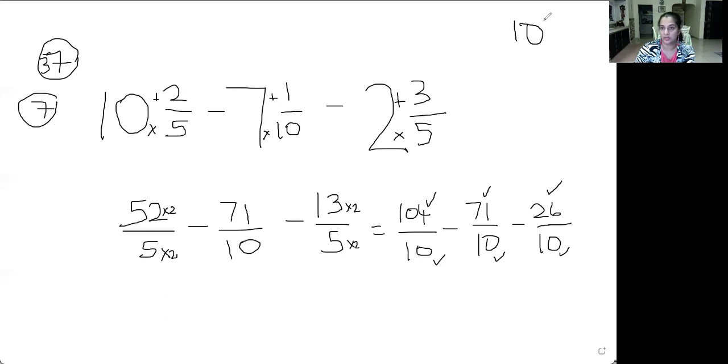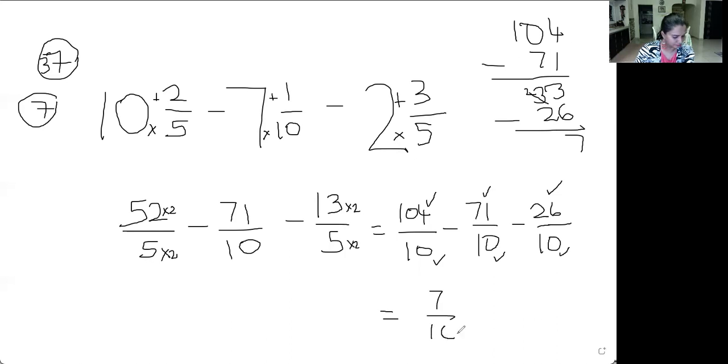So what is 104 minus 71? 4 minus 1, 3, 10 minus 7, 3. Now what is 33 minus 26? 3 minus 6 you can't do, you need to borrow. So over here you get 2, 13 minus 6 would be 7. And over here 2 minus 2, nothing. So at the end of the day, your answer would be 7/10.